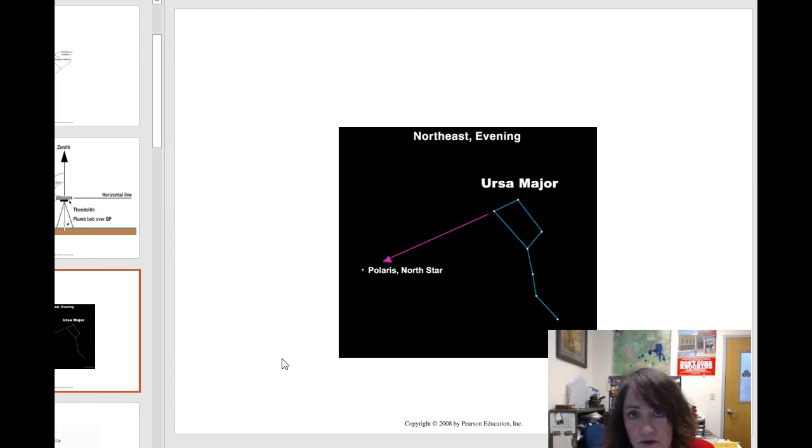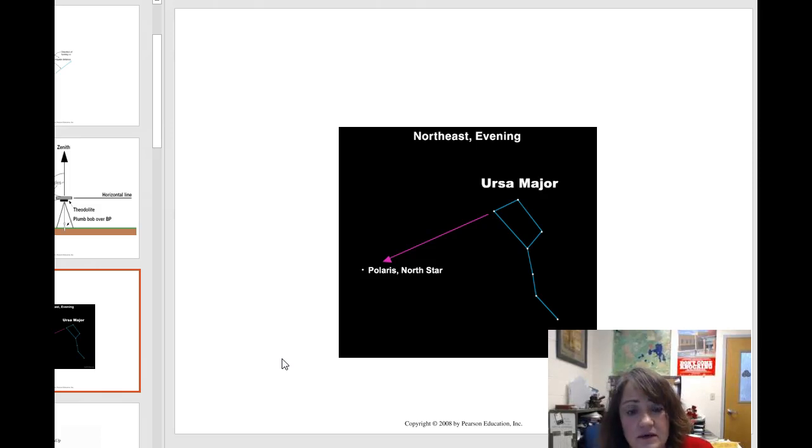This is not true in the southern hemisphere, and there's no analogy there. Navigation in the southern hemisphere of our planet is much more difficult. They use a constellation called the Southern Cross, and although I won't make you learn it, if you look up navigating by the Southern Cross on the internet, you'll find it to be very fascinating. It's a very interesting process.